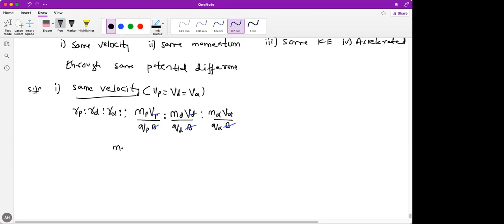And you know that if I write mass of proton as mp, charge of proton is +e. Mass of deuteron, what is deuteron? An isotope of hydrogen which has one proton and one neutron. So its mass is 2mp. Charge of deuteron is same as that of hydrogen, it's +e.